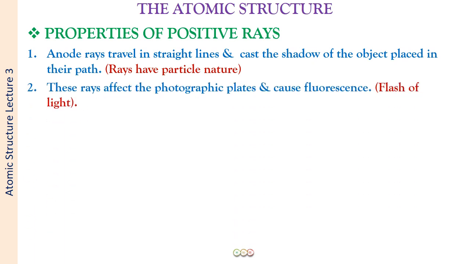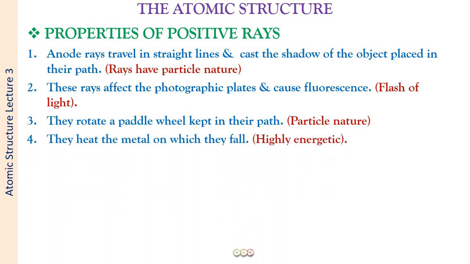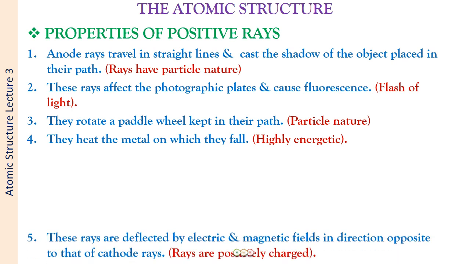These rays affect the photographic plate and cause fluorescence, that is the flash of light or scintillation, and they rotate a paddle wheel placed in their path, again showing that these had a particle nature and a high kinetic energy. Then they heat the metal on which they fall, showing they are highly energetic.